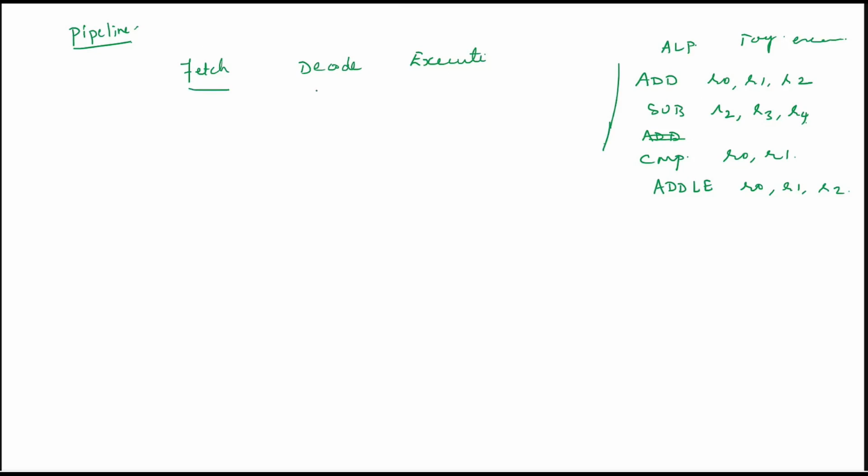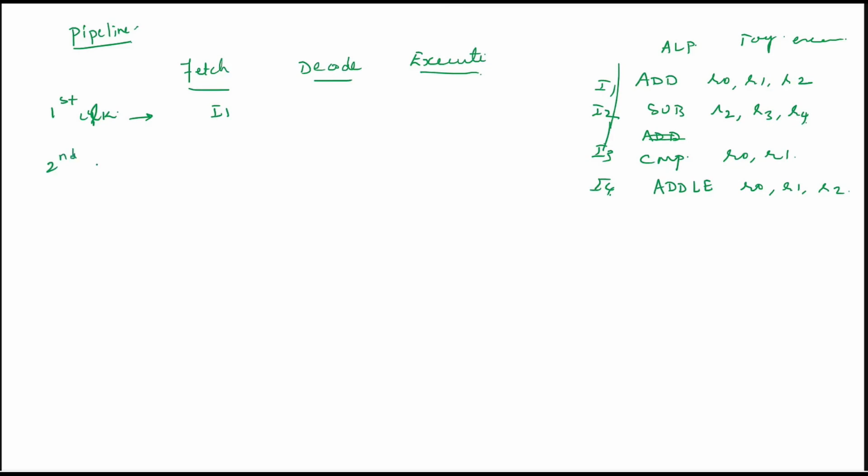When you take pipelining, we have a three-stage pipeline. Assume this is instruction one, instruction two, instruction three, and instruction four. In the first clock cycle, instruction one will be in the fetch stage.